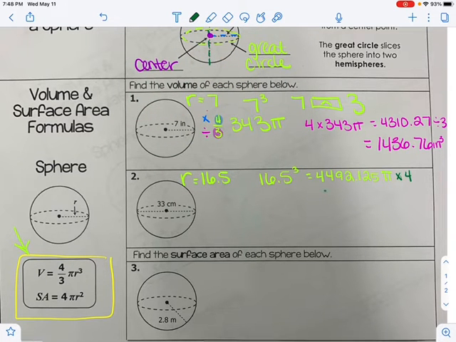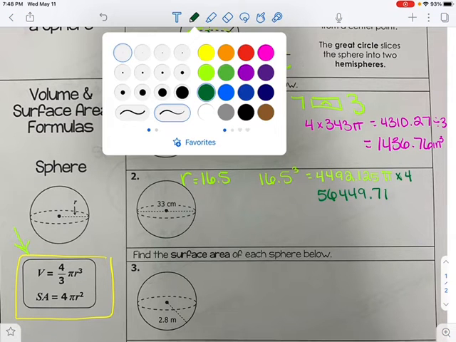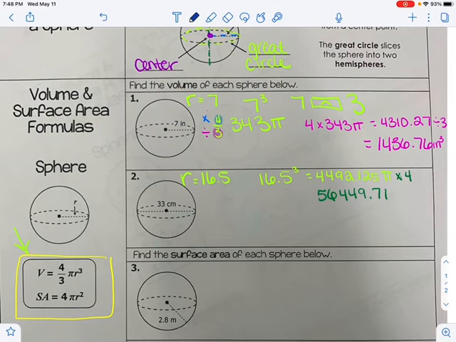When you do that, you should get 56,449.71. Then we are going to divide by 3. And when you divide by 3, you should get 18,816.57 centimeters cubed.